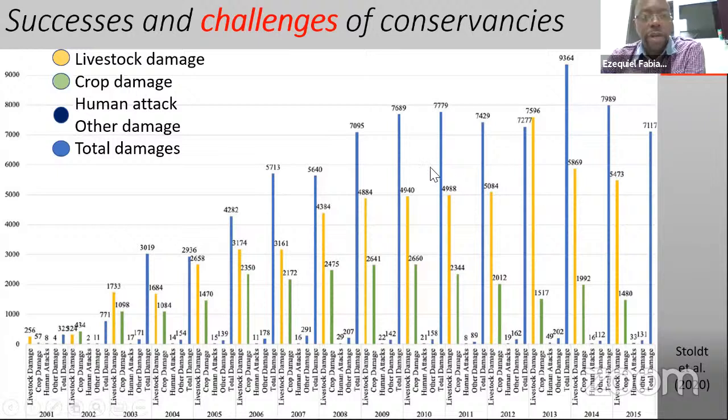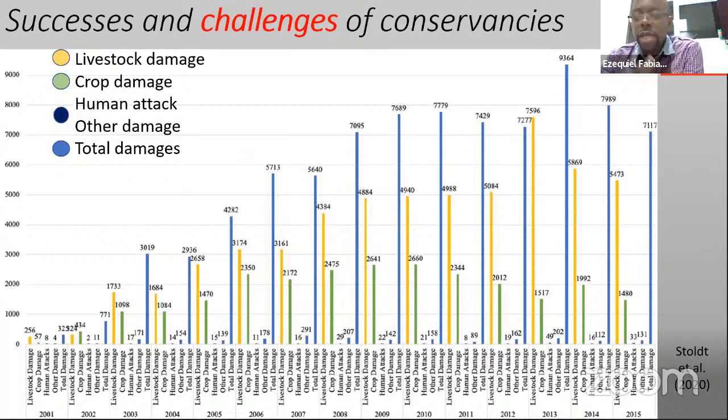We can see that livestock damage, which is the yellow, did increase over time and has remained fairly high. We can also see that crops, which is the green, also has increased and has remained fairly high, with a slight decrease towards the latter years.